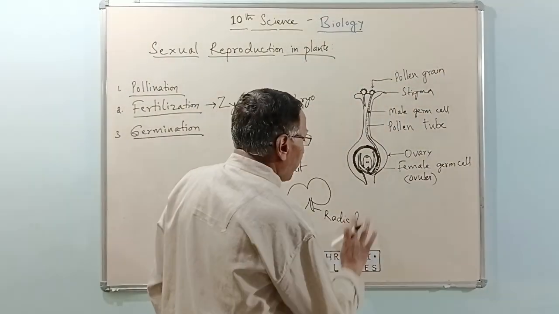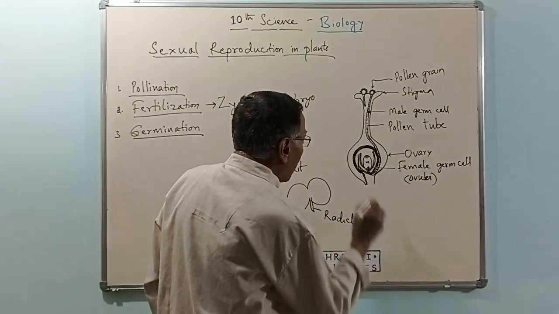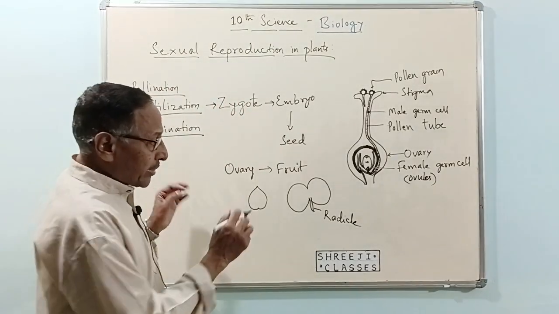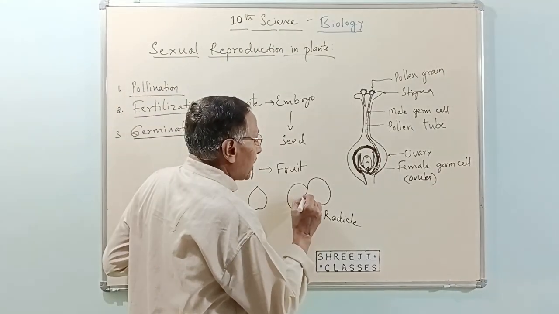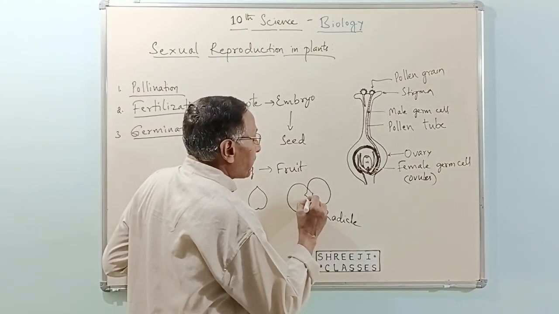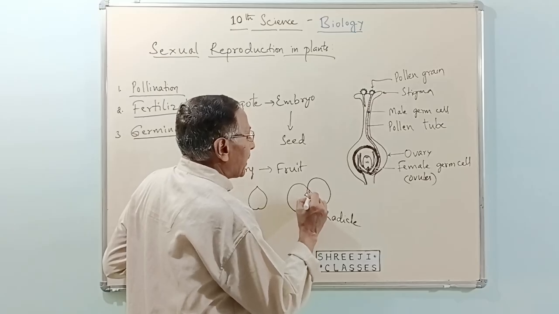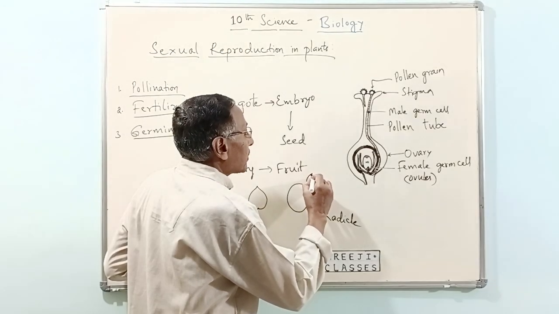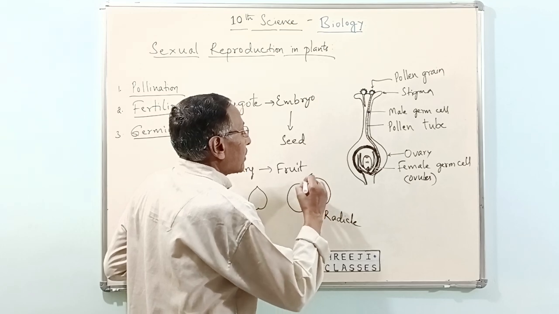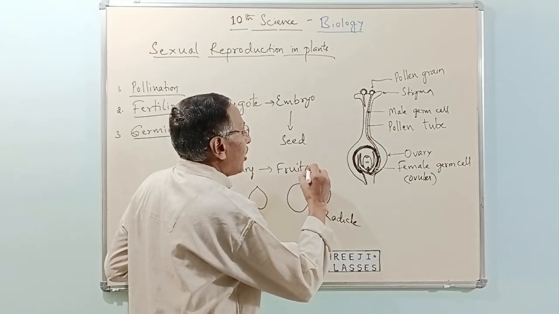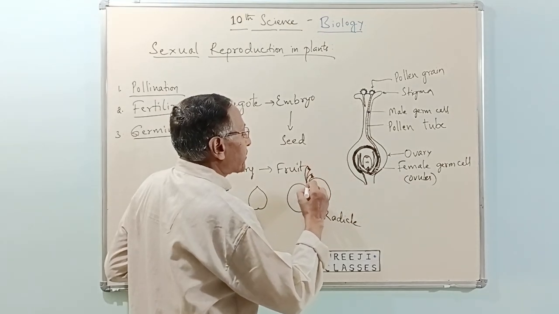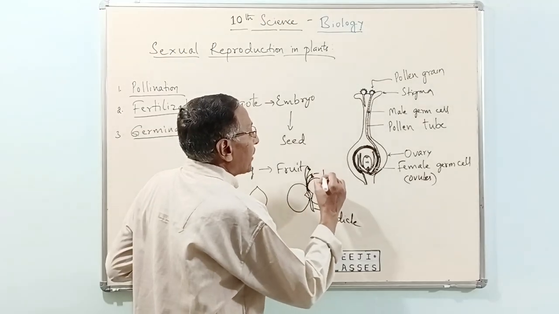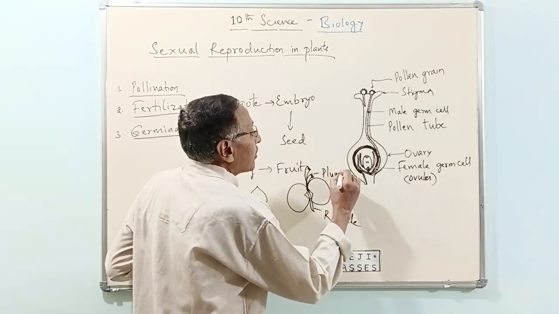This radicle contains the future root. Then after some days, they start forming small green leaf-like structures which we call the plumule.